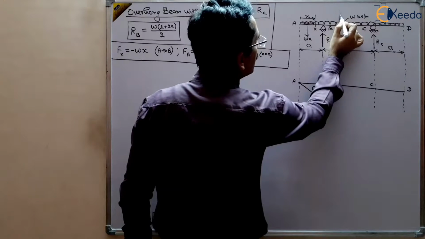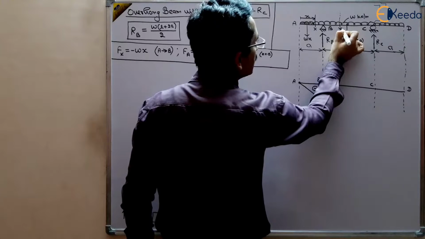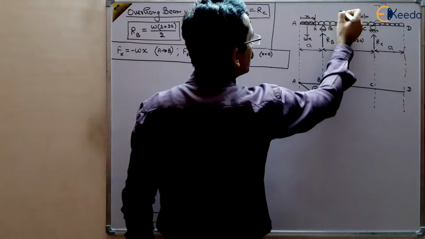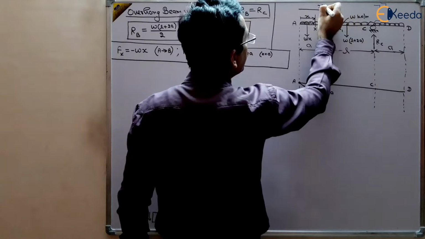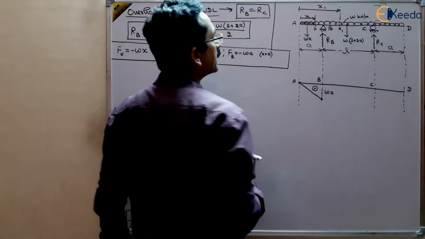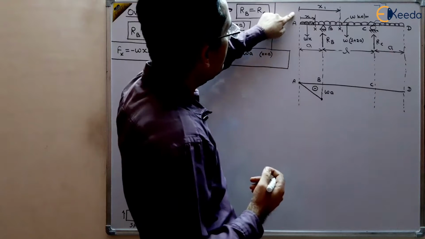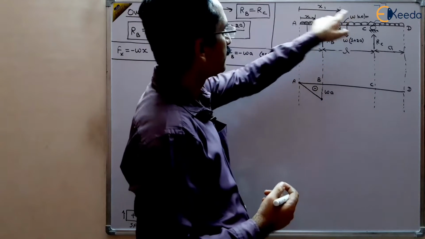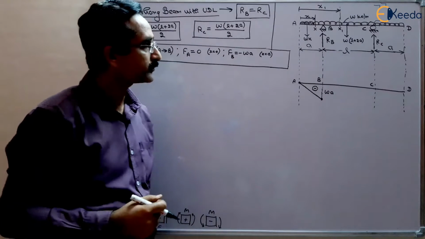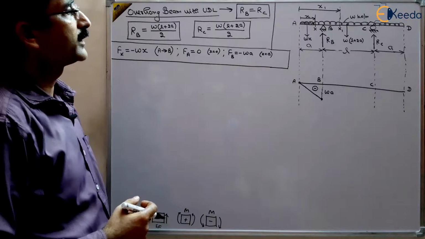So let us take another cross section x1 at a distance of small x1 from the free end. So from the free end A, we have taken a cross section at a distance small x1 from the free end A, right?